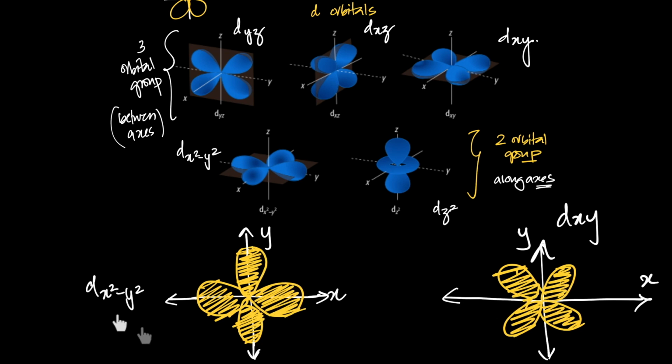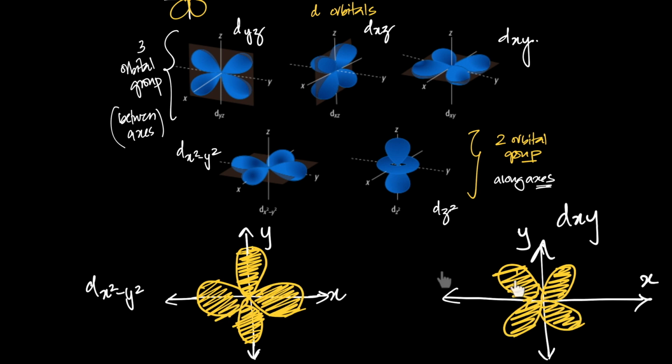These are the types: the two orbital groups are lying along the axes. This is one of them, x square minus y square. And xy or xz or yz are the three orbital group. They are lying between the axes, where the lobes are in the quadrants, not on the axes.